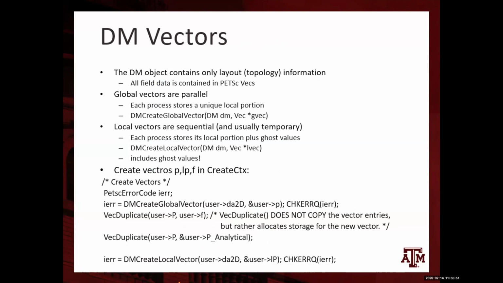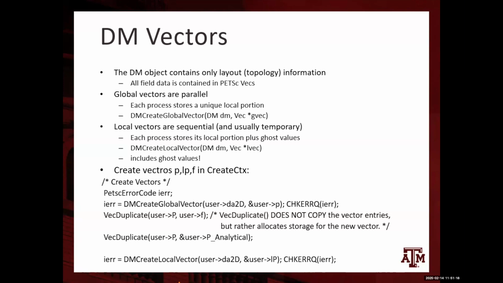We have two types of vectors: global vectors and local vectors. Global vectors contain only the local information. They do not have the ghost node information. Local vectors have this local information plus the ghost nodes.